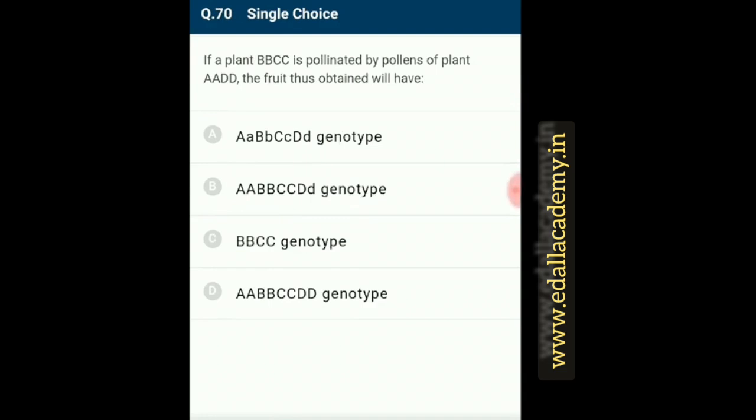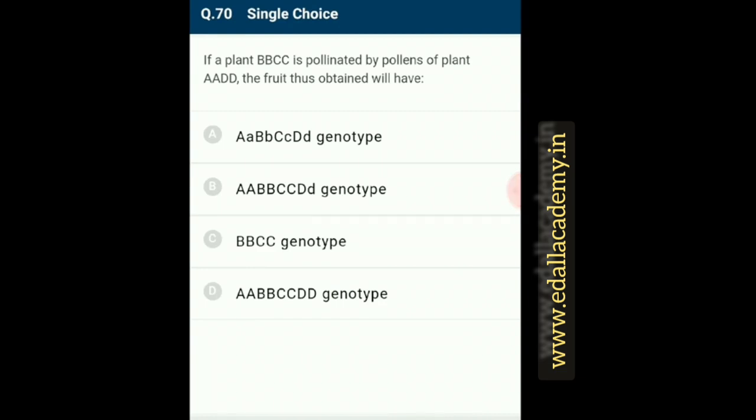Capital B, capital B, capital C, capital C is pollinated by pollen of a plant with capital A, capital A, capital D, capital D. The fruit thus obtained will have. A fruit is a characteristic feature found in flowering plants which develops from the ovary after fertilization. If fruit develops without fertilization, it is called a parthenocarpic fruit. The fruit is basically formed by maturation of the ovary after fertilization.